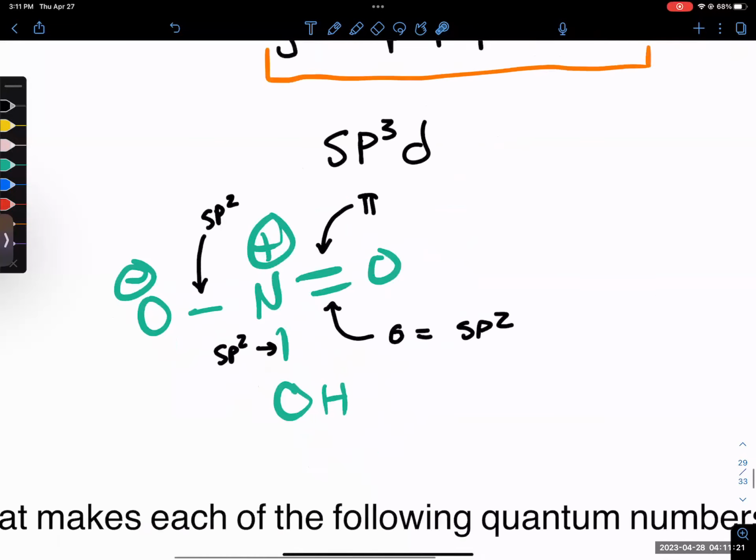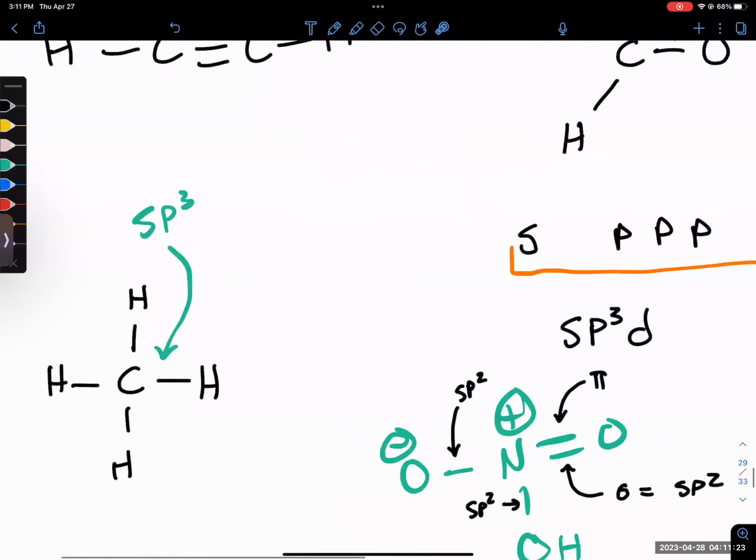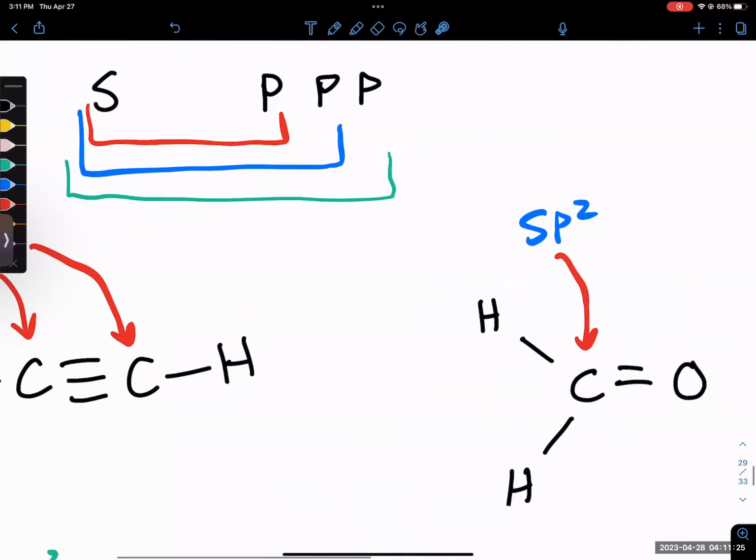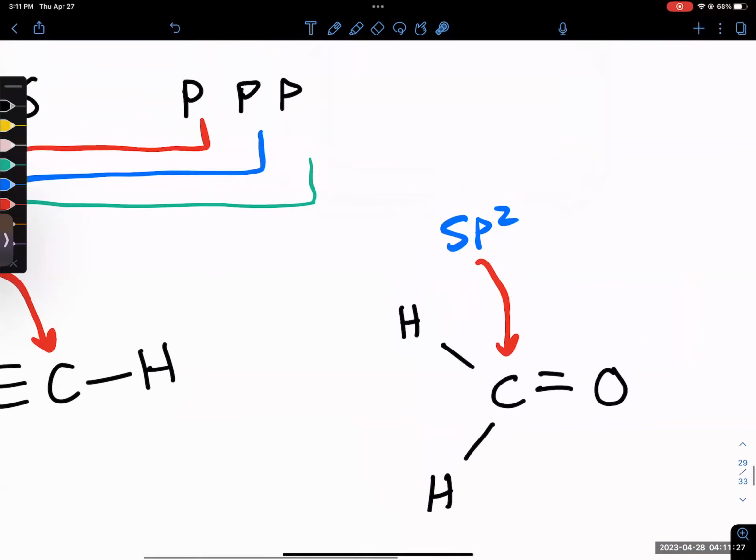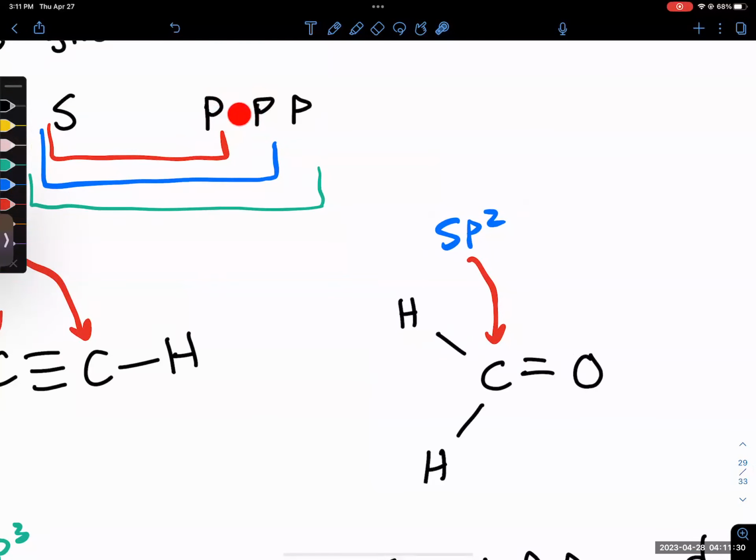So we said earlier, when we take two p orbitals and one s orbital, we make sp2 hybrid orbitals, right? Well, what happened to that other p that we didn't use? We took one s and two p's to make our sp2 hybrid orbitals.